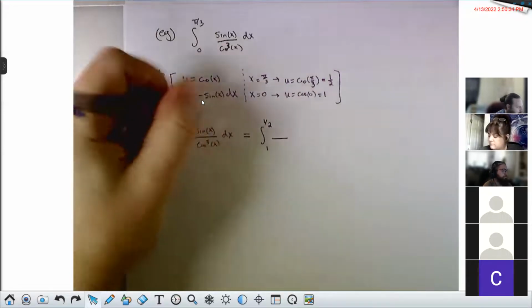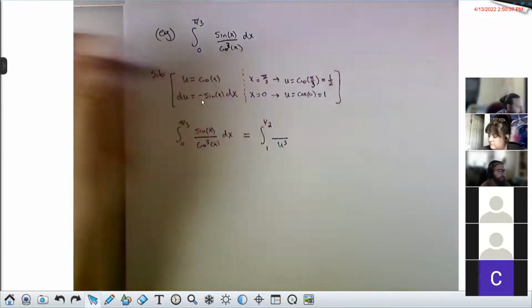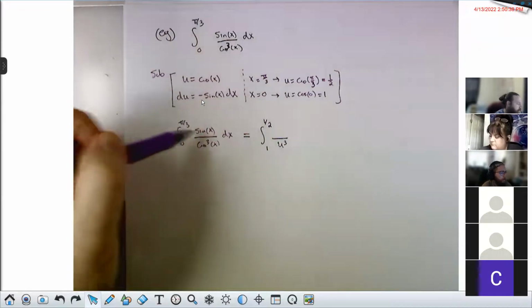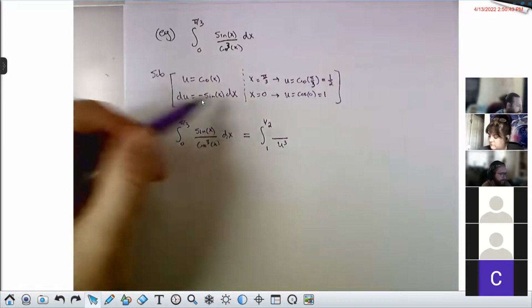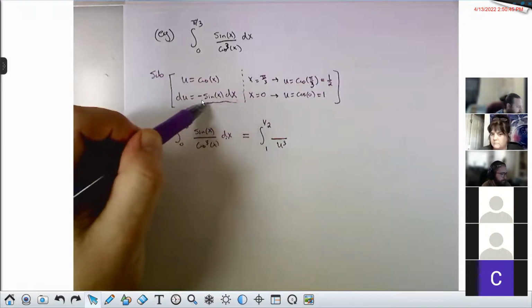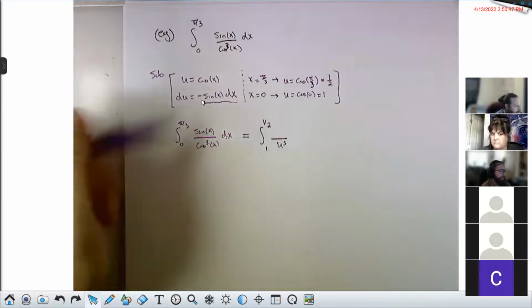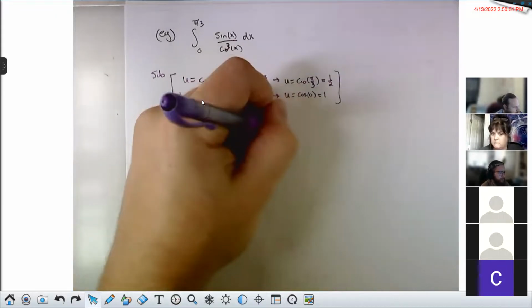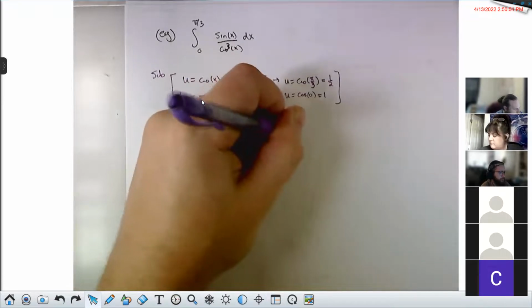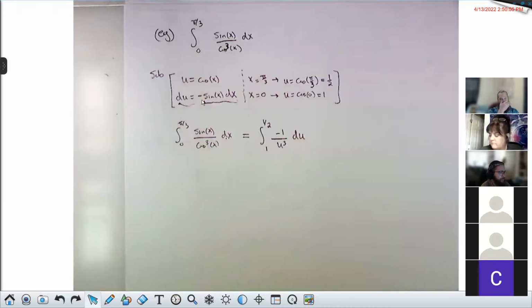Downstairs here, cos cubed is going to be u cubed. The sine x here, I can group with the dx here. So I've got a sine x dx. And this negative, I can move over here. So this is going to be -1 du.